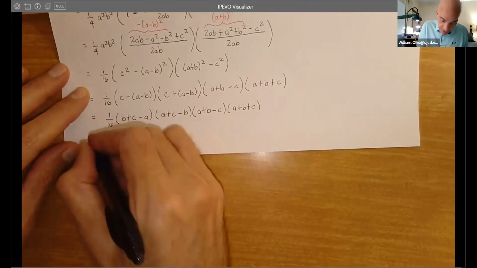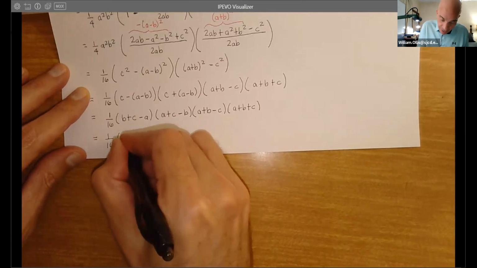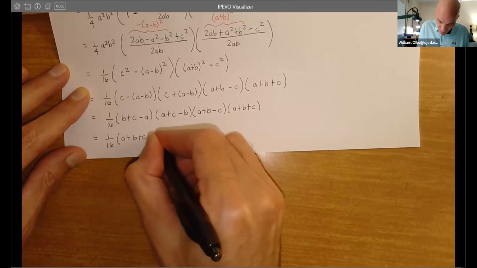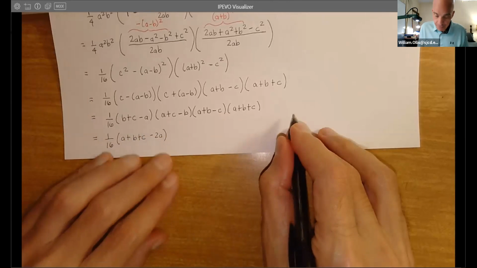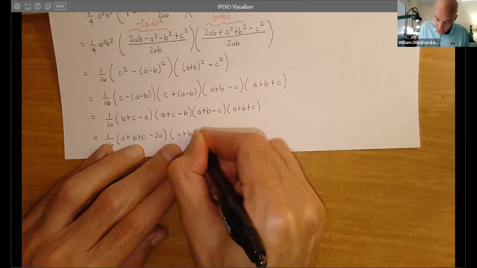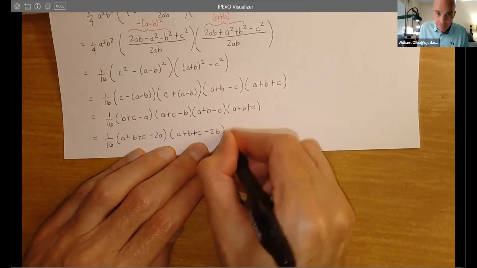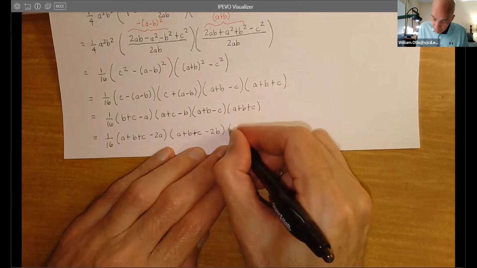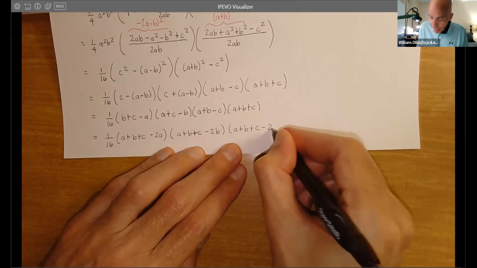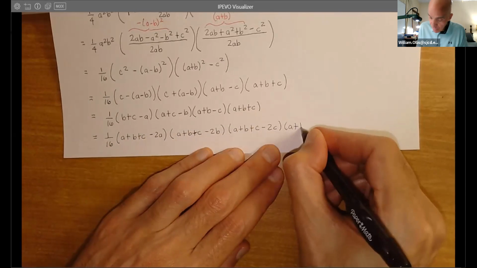So now this gives us equals 1 over 16 A plus B plus C minus 2A. Then we get A plus B plus C minus 2B. And then we get A plus B plus C minus 2C. And then, of course, the A plus B plus C is fixed.